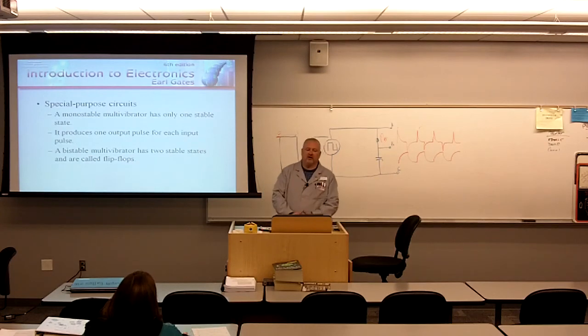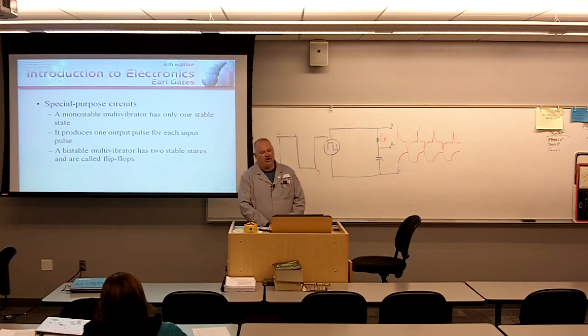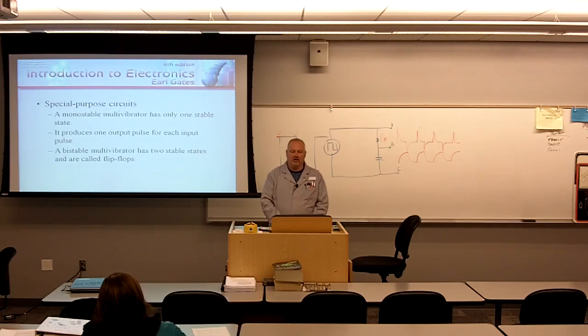Special purpose circuits include a monostable multivibrator. It has only one stable state. That's why it's called a monostable. Mono meaning one, stable state. It produces one output pulse for each input pulse. A bistable multivibrator has two stable states, and they're called flip-flops.